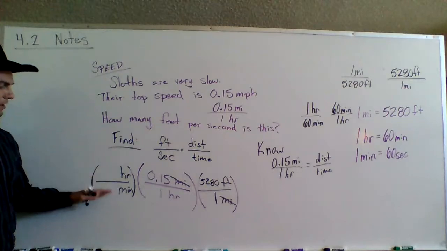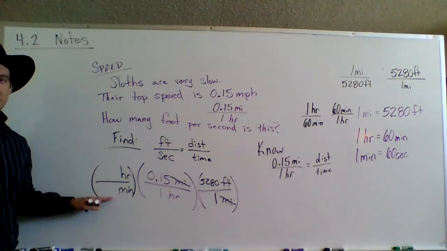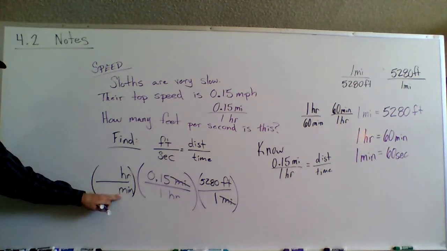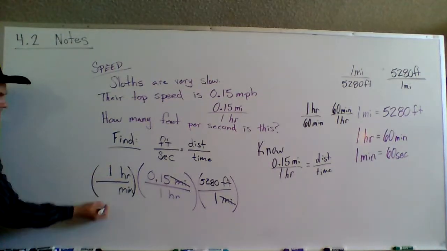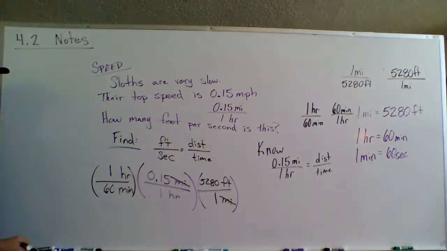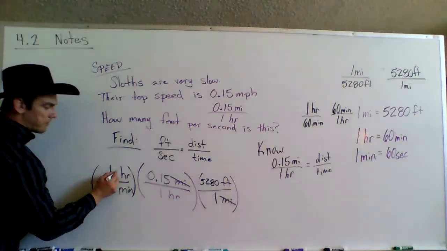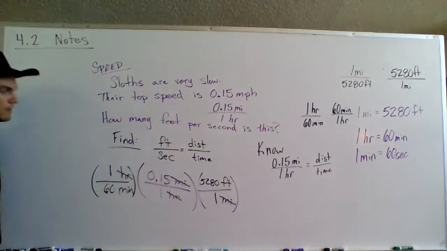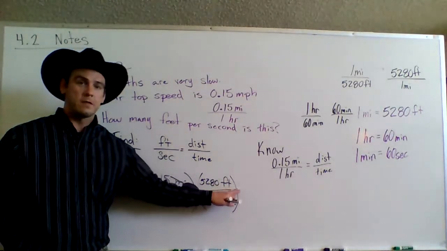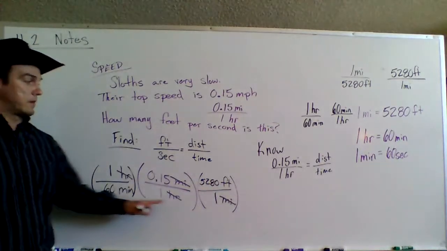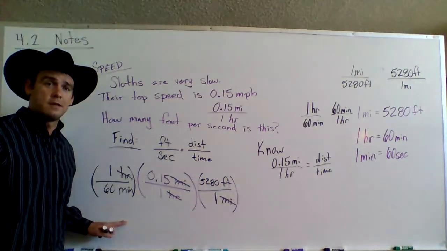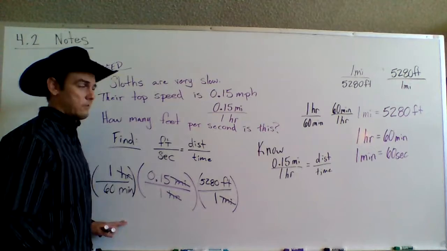Make sure you don't write the numbers in the wrong spot now that your units are correct. 1 hour is 60 minutes. Now, if I were to multiply this out, my hours cancel. My units on top would be feet. My units on bottom would be minutes. That would give me feet per minute. We want feet per second. So we've got to do this one more time.